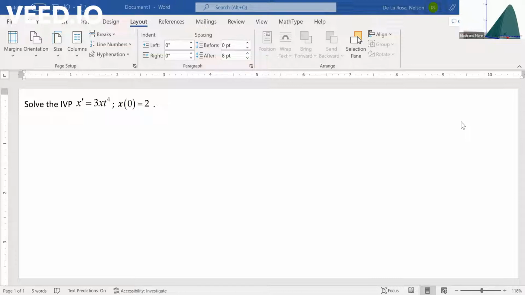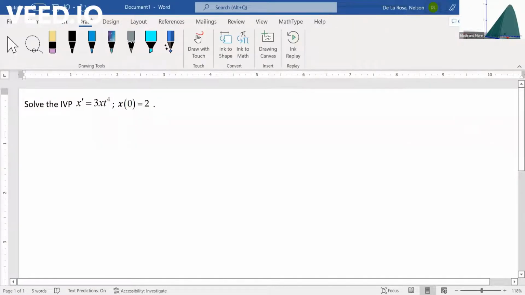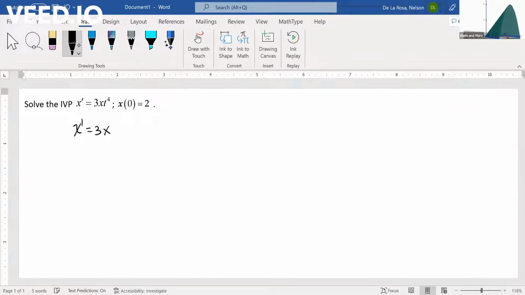So the given equation is of the form x prime equals 3x t to the 4. So we can write x prime as dx dt equals 3x t to the 4th.